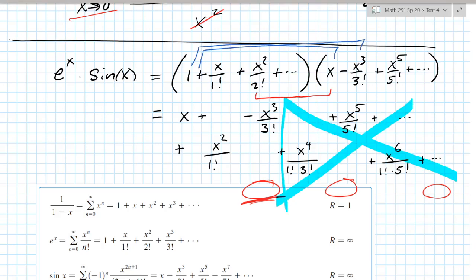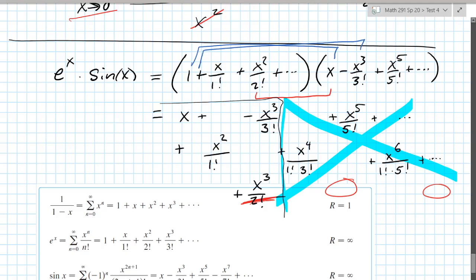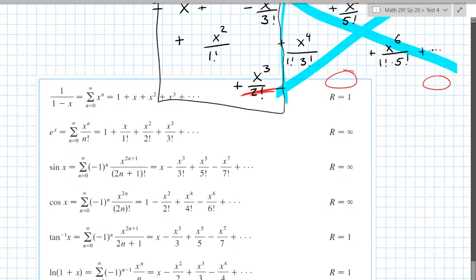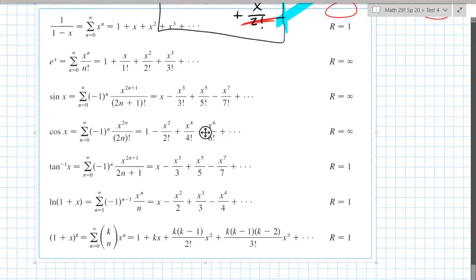So this would be the first three non-zero. I guess I should fill in this blank here. My last one needs to be an x cubed over 2 factorial. So whatever this is is my answer. Let me move this down one more time.